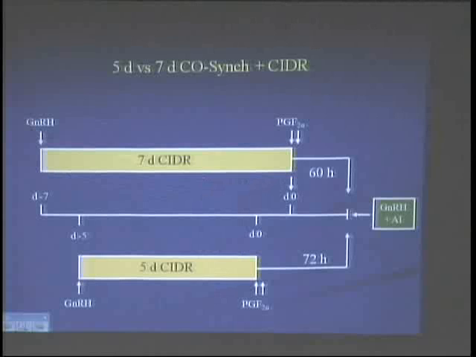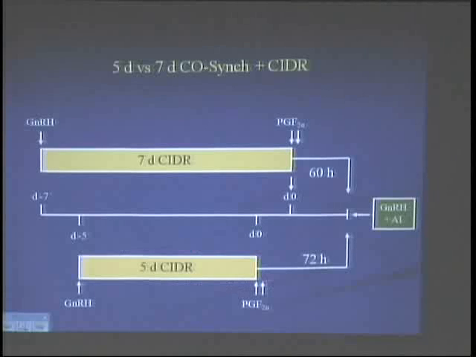This is our traditional 7-day CIDR protocol with timed insemination occurring at 60 hours. Now, this represents what was done experimentally. You see 2 injections of prostaglandin there. That was to compare it to this 5-day program down here. Now, the idea of this 5-day program was to perhaps develop a follicle that was a little younger at the time we gave prostaglandin.